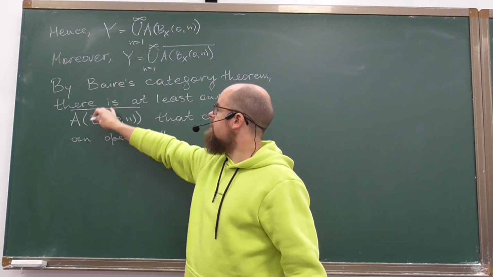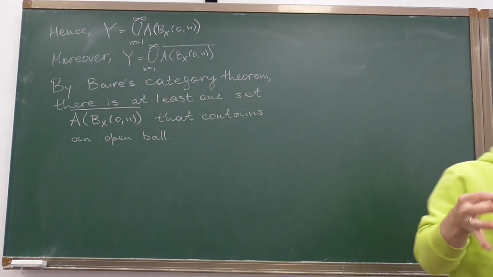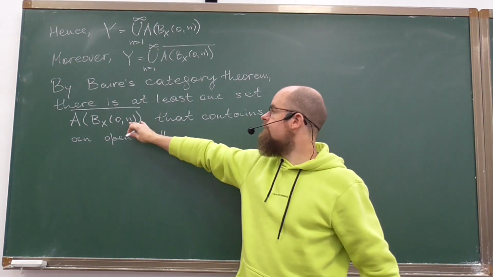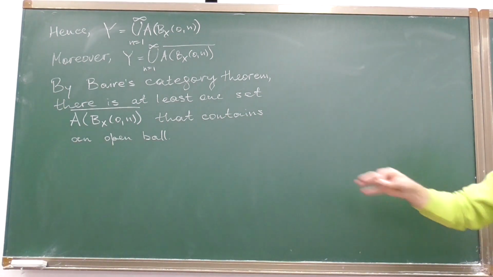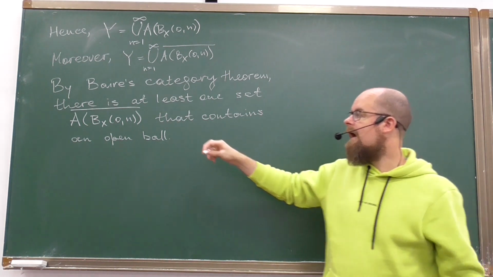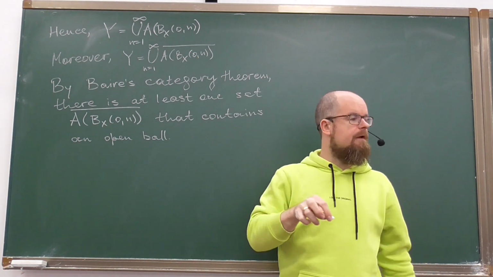So this set is the closure of the image of a ball. This ball is of radius n; I want to consider the ball of radius 1. So if I shrink this ball, then using linearity of A, I can conclude that that smaller set also contains an open ball.